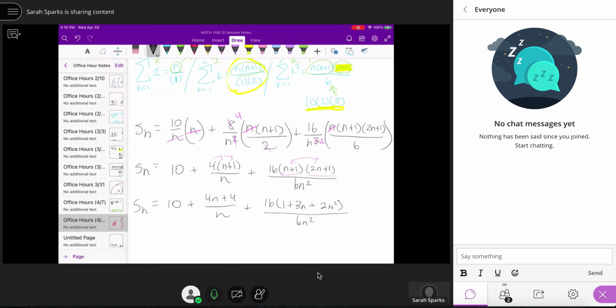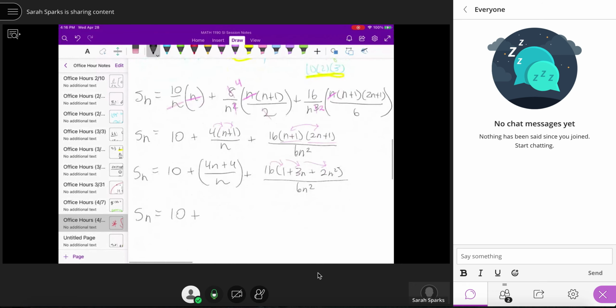Does that make sense so far? Yes. Okay. And then now in this one, we're going to split up the fraction into 4 divided by n plus 4n divided by n plus 4 divided by n. And then we're also going to distribute that 16 to each of those 3 terms. See that those n's are going to cancel out.